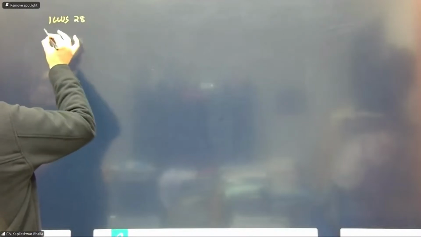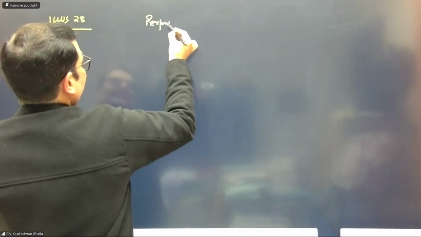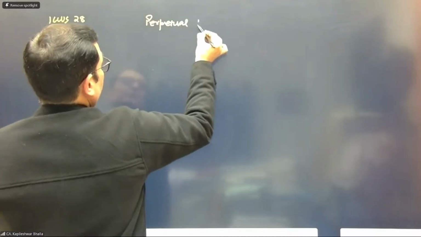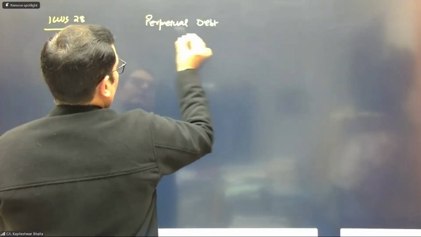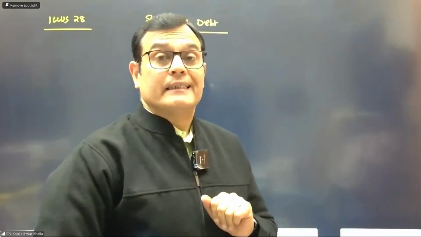This is illustration number 28 of the study material. We are looking at this as a perpetual debt. And in terms of a perpetual debt, you can first clearly tell the examiner how you identified that it is supposed to be a compound financial instrument.